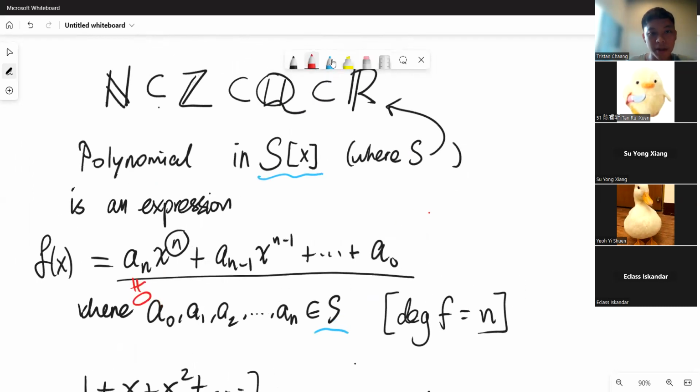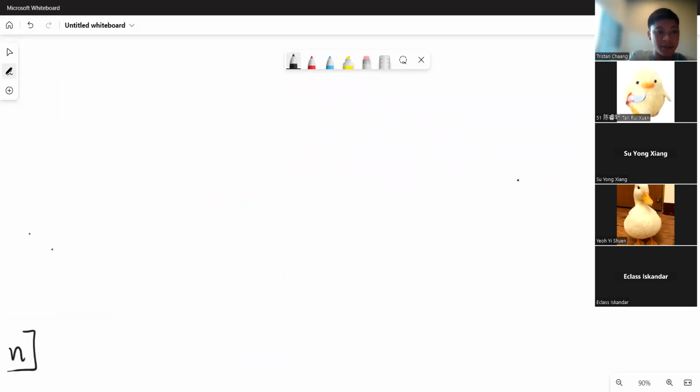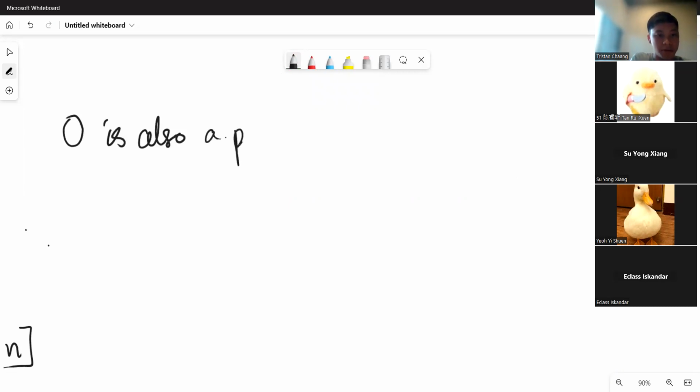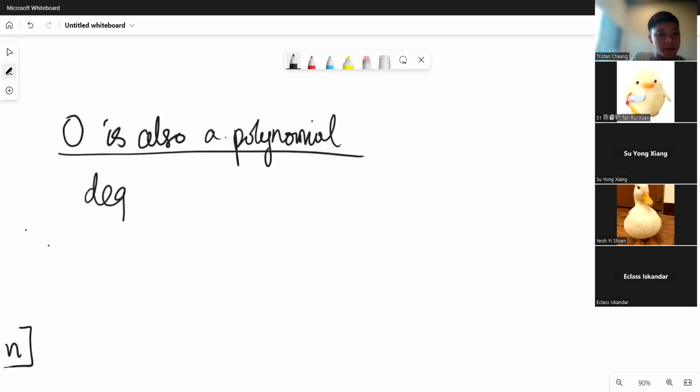But we're also going to treat the zero function as a polynomial, so zero is also a polynomial. And for some reason that we will probably see afterwards, the degree of the zero polynomial we normally say is equal to negative infinity.